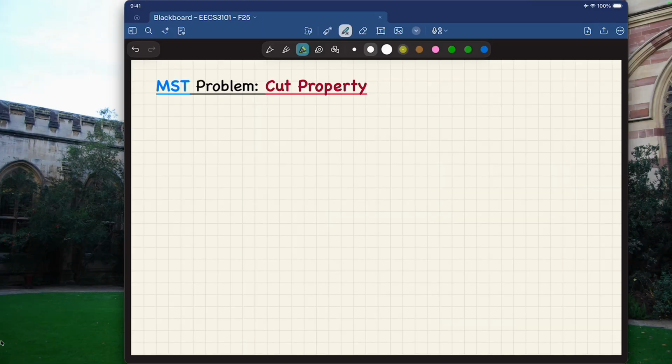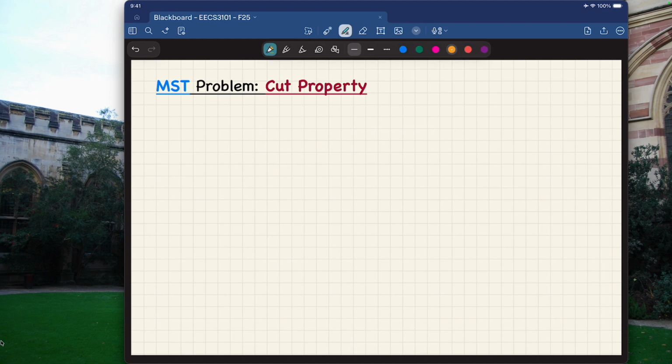Okay, let's start from scratch. So number one, we're talking about condition number one. We're given a graph G. Let's just draw it in an abstract way. A graph will contain vertices and also edges, just a collection of all the vertices and edges.